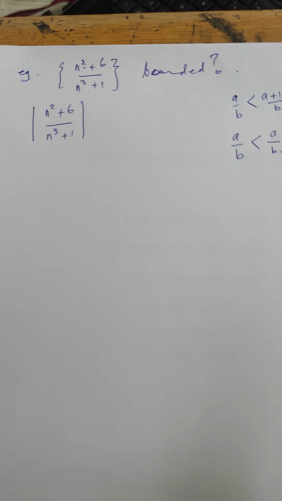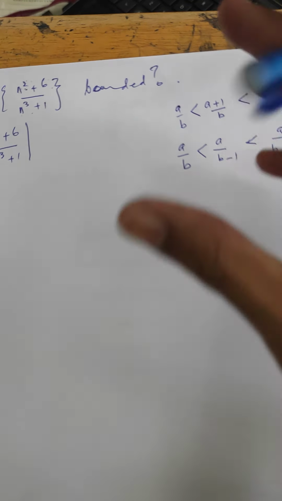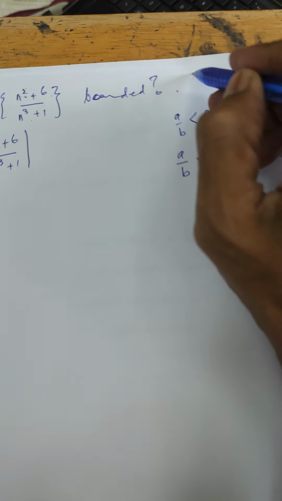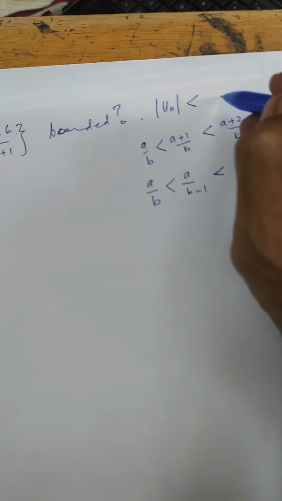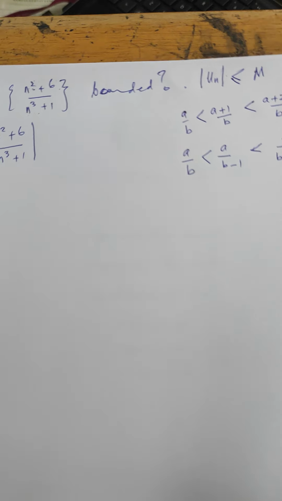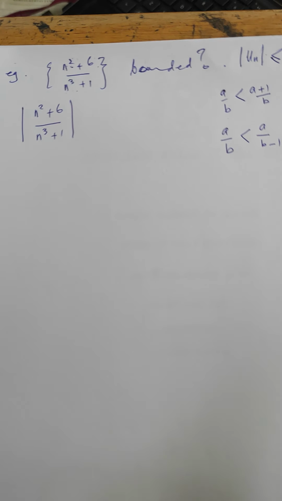Now remember that for boundedness we want to find a number m such that the absolute value of u n is less than or equal to that number m. So how to do this?